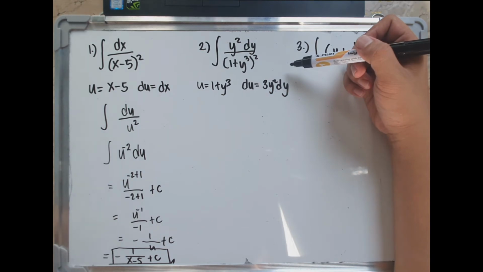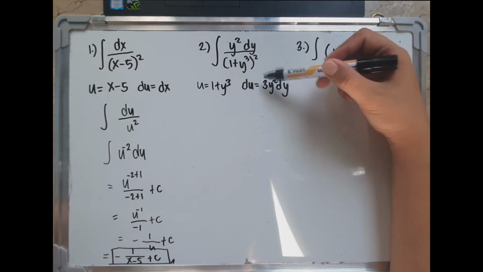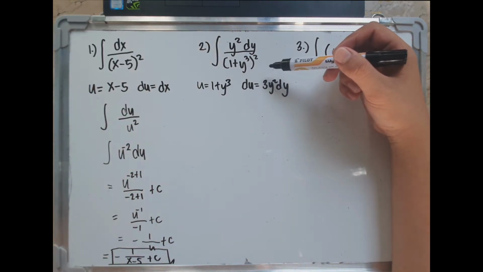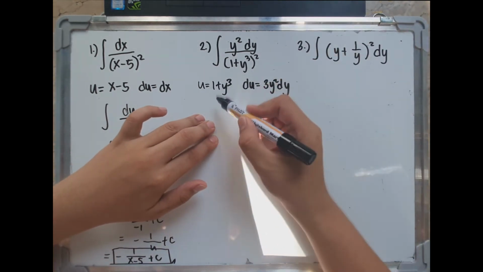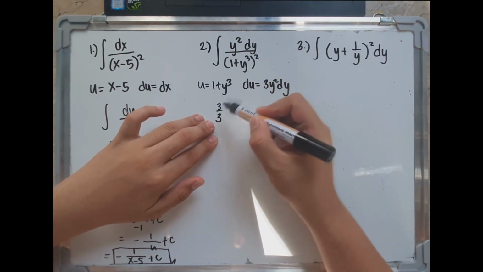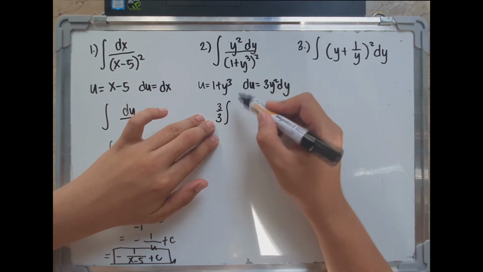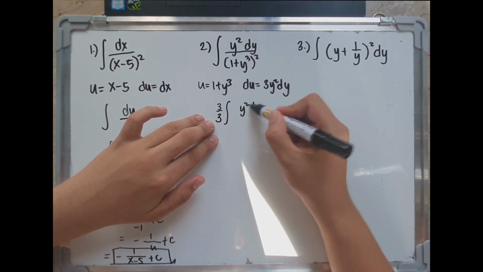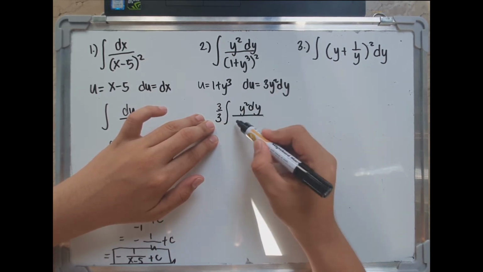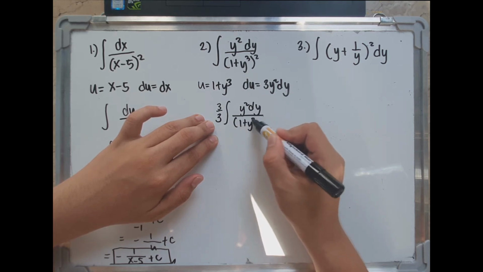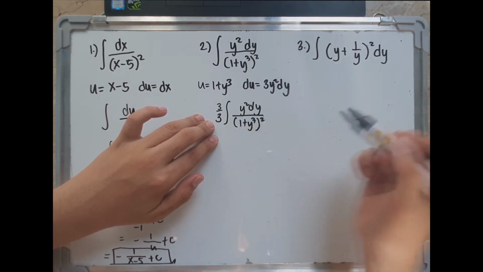So what we're going to do, as per our previous videos, is correct our fraction by multiplying with 3 over 3. The integral of y squared dy whole over the quantity 1 plus y cubed raised to the power of 2.